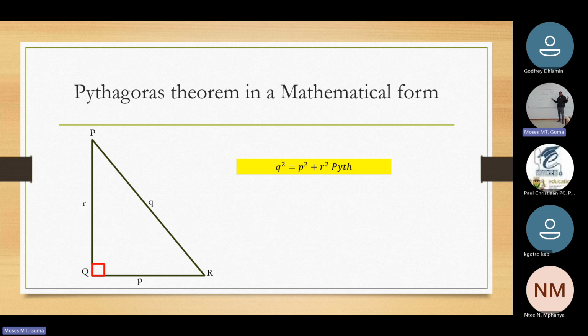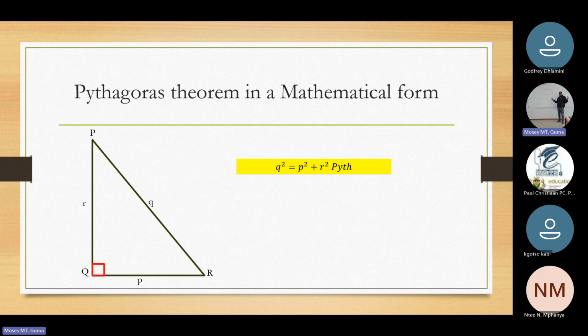There's the 90 degrees angle, and opposite it there's PR, which is small q. And small p, which is QR, is opposite angle P. All right? Now, if we tell you that PQ is small r, that means it is opposite angle R.